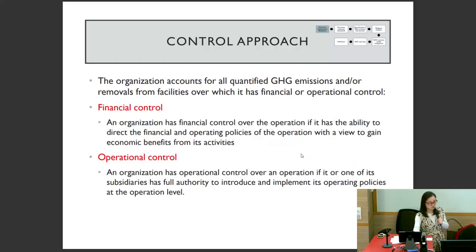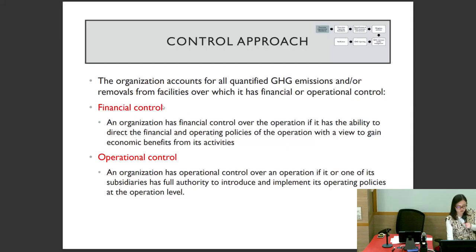The organization accounts for all quantified greenhouse gas emissions and or removals from facilities over which it has financial or operational control. So this is the control approach. First of all, let's talk about the control approach. There are two types: financial control and operational control.